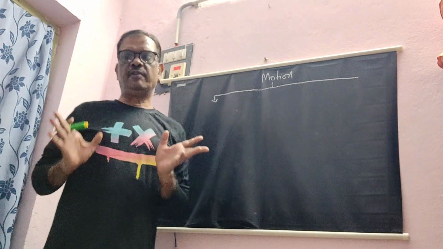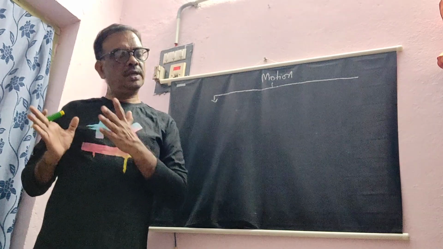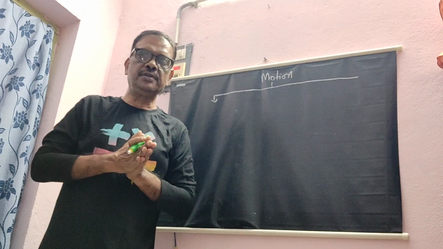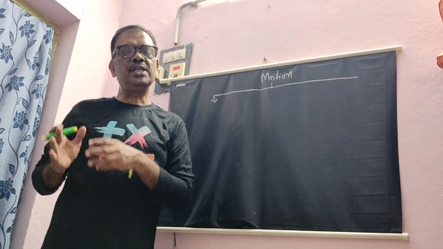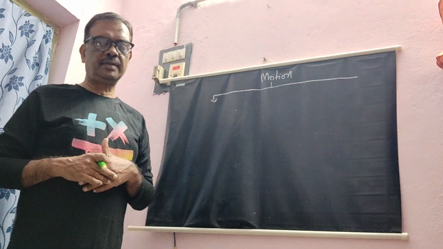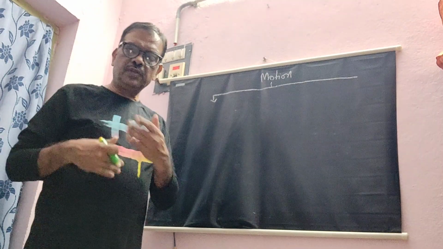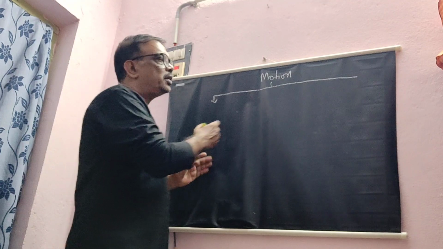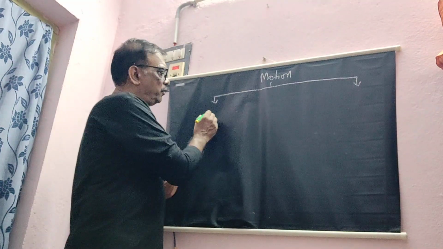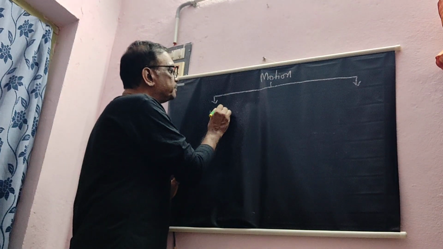Motion we know very well. If an object is moving from one point to another point, with respect to its origin and time, we call it motion, isn't it? Further to that, we will discuss what are uniform motion and non-uniform motion.